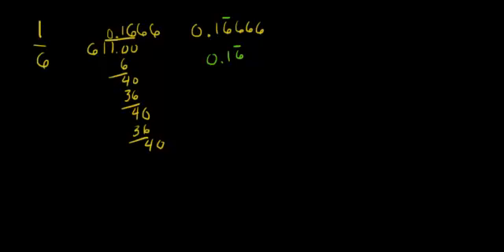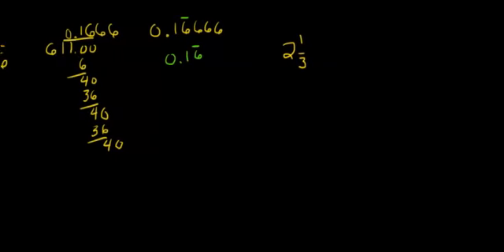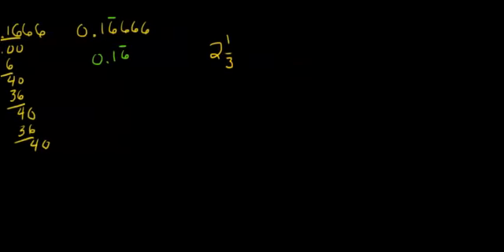If we were to take a look at another example, let's say 2 1/3. We want to convert this into a decimal as well. Well, we can ignore the 2 for now. We don't need to focus on it. What we need to worry about, though, is the 1/3.